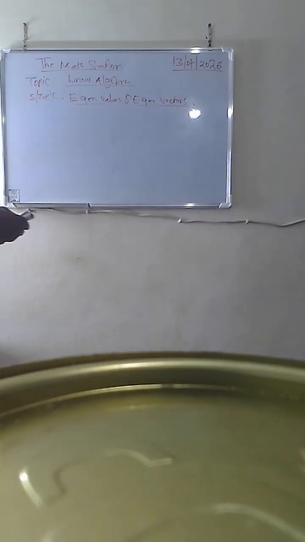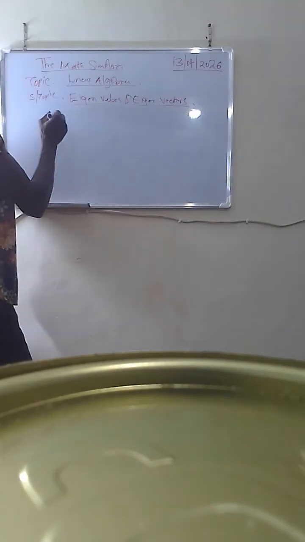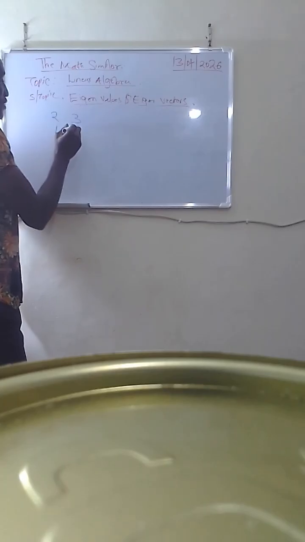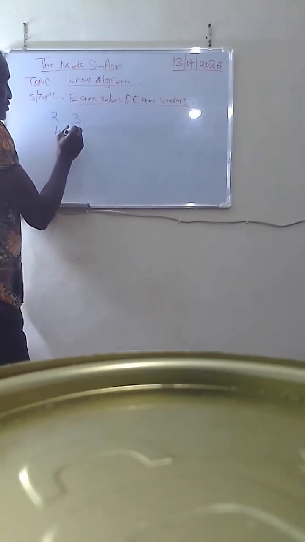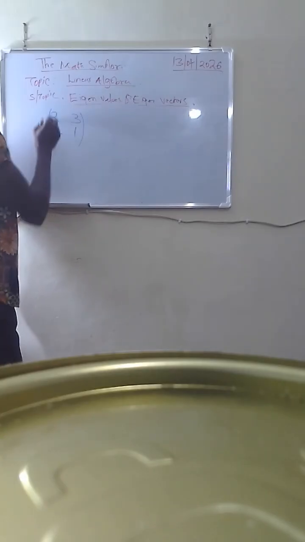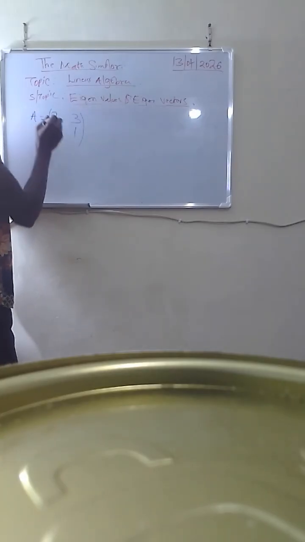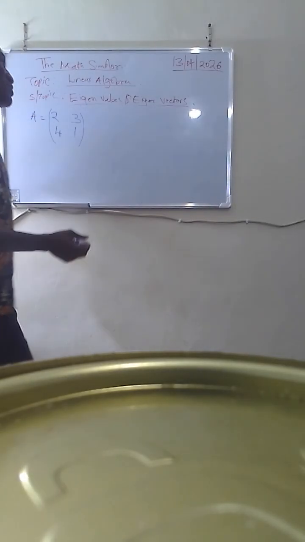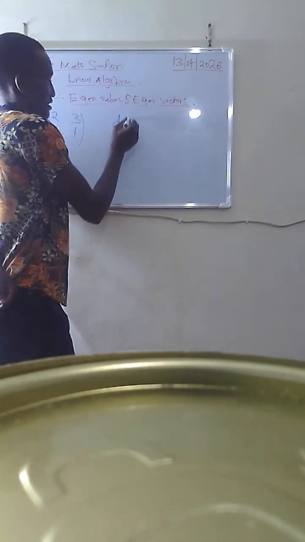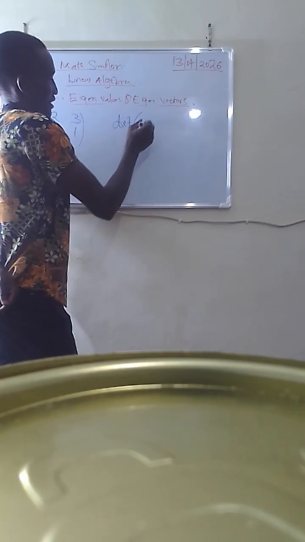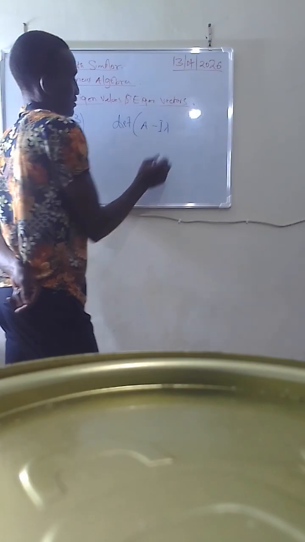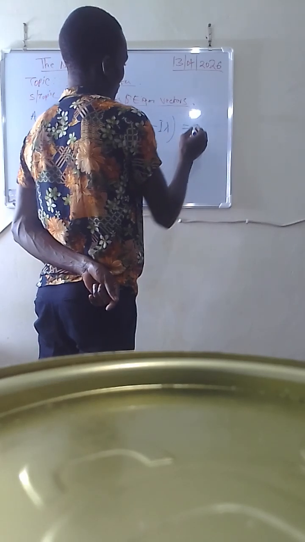Let's take a matrix of 2, 3, 4, 1. For example, let this one be our A. To find the eigenvalue, the determinant of A minus I lambda equals 0.